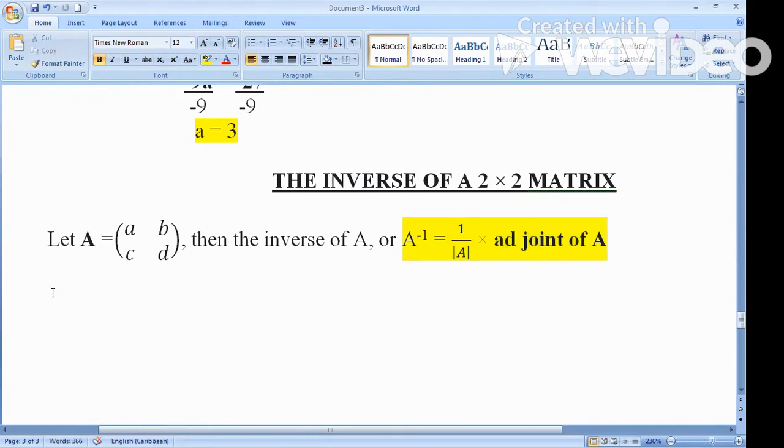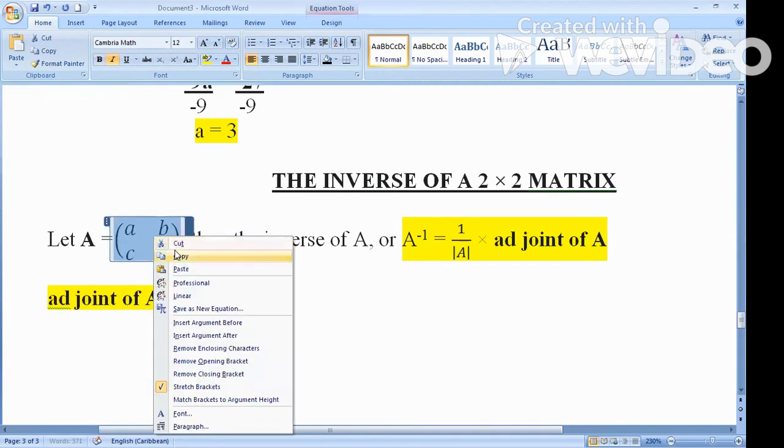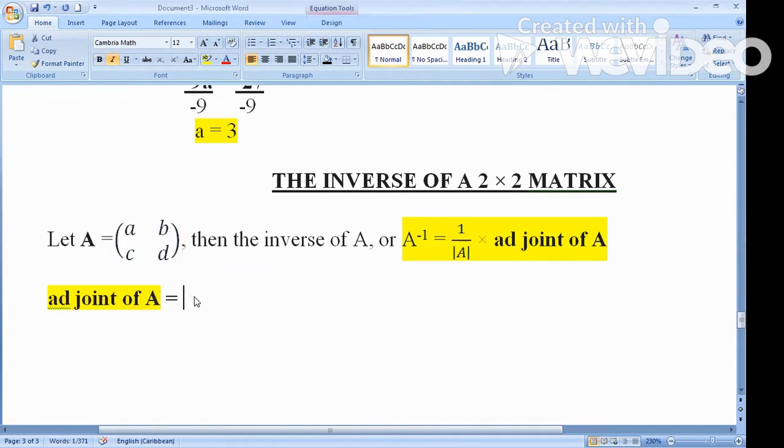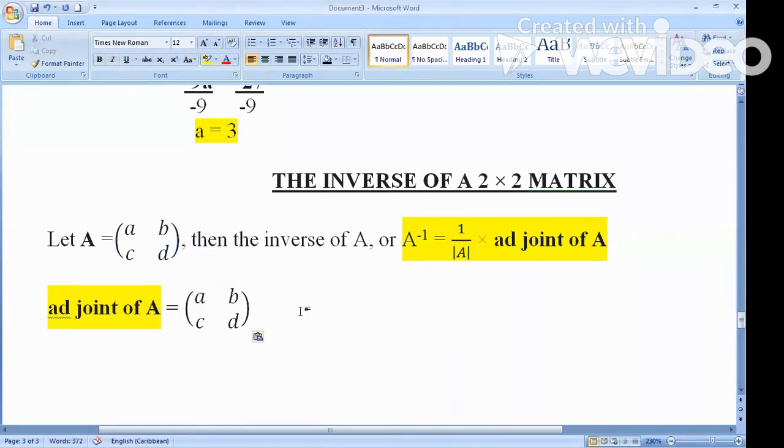Now, the adjoint of A is equal to... listen carefully. You know what? I'm going to write it. I always say this, but I never write it down.